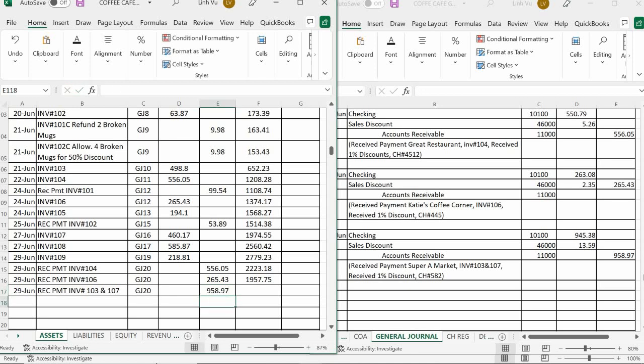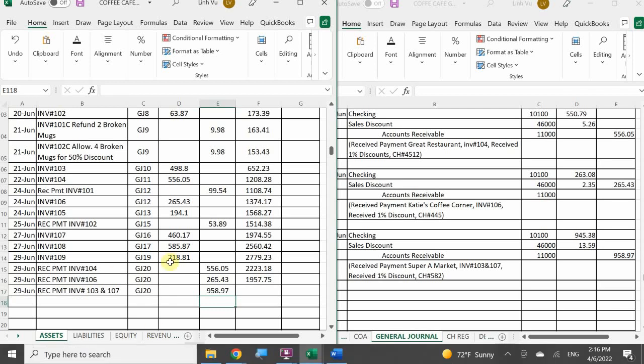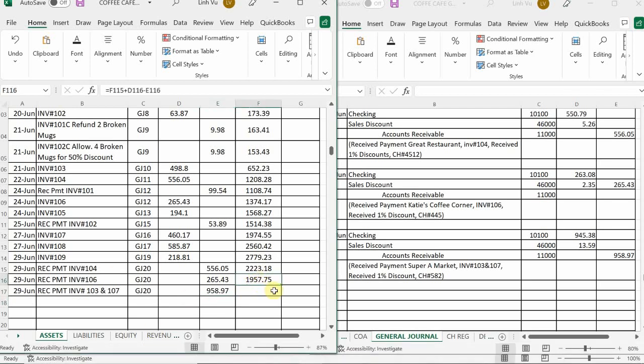So that's going to drop my accounts receivable to $998.78.